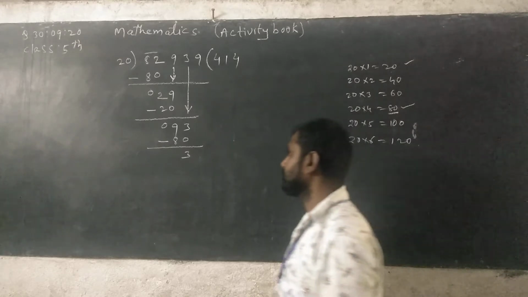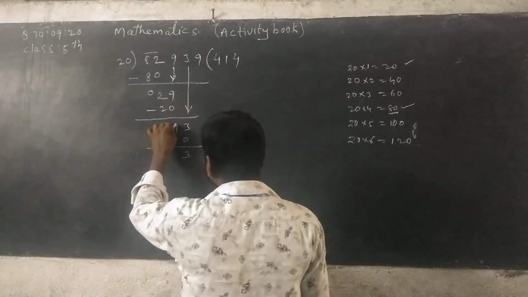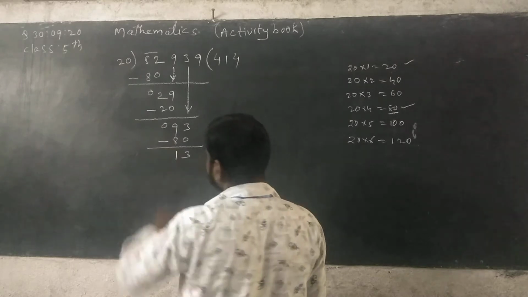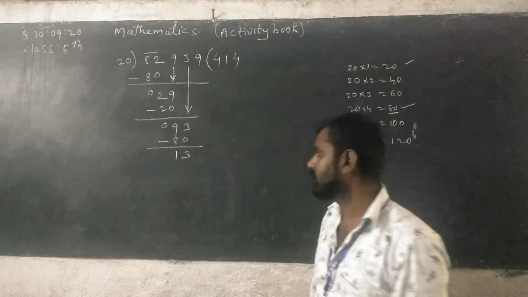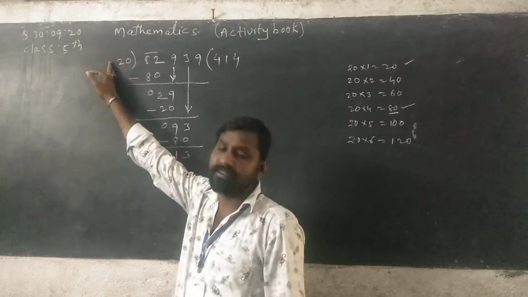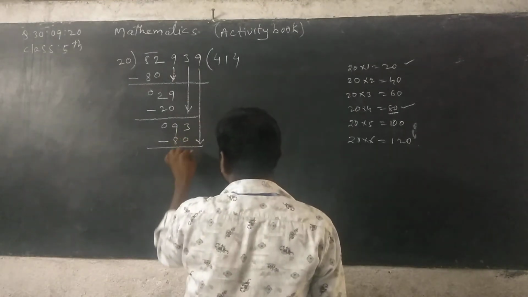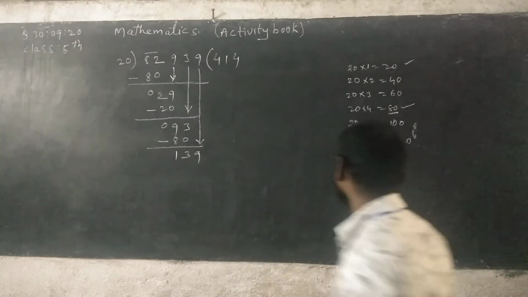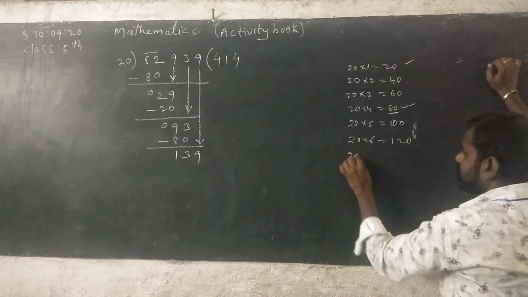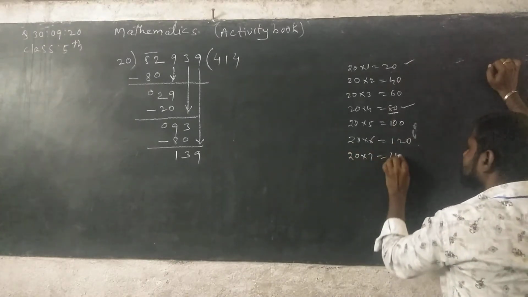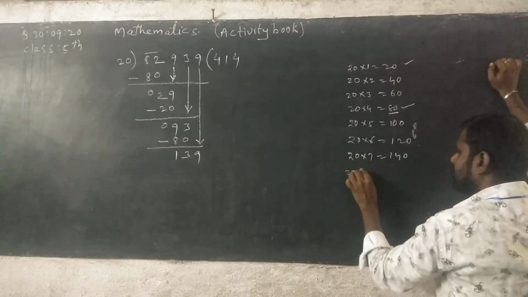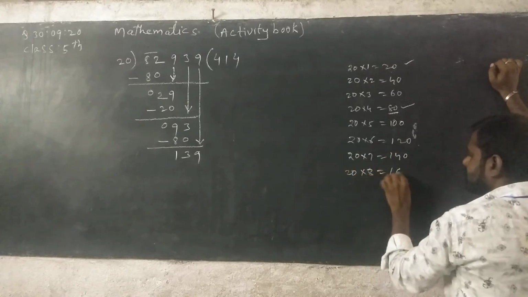Next, 9 minus 8, 1. Here 13 is also less than 20. Now bring down 9. See, 139. See here, 20 sixes are 120, 20 sevens are 140, 20 eights are 160.